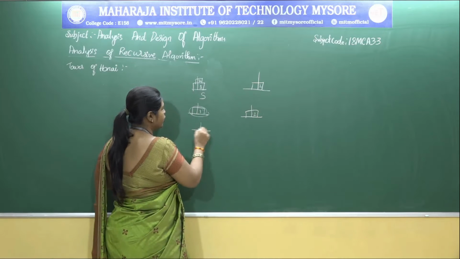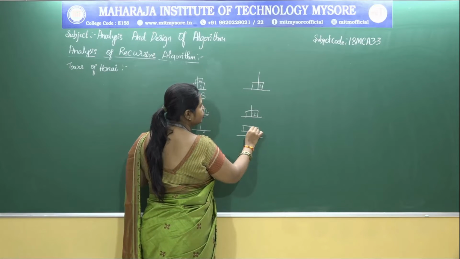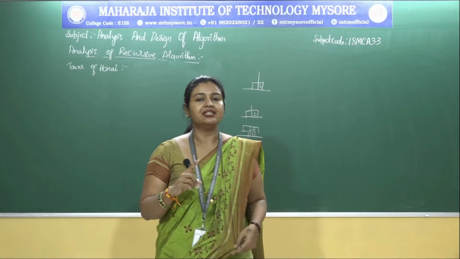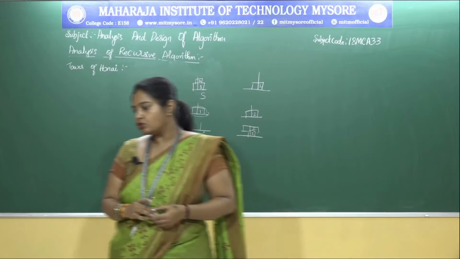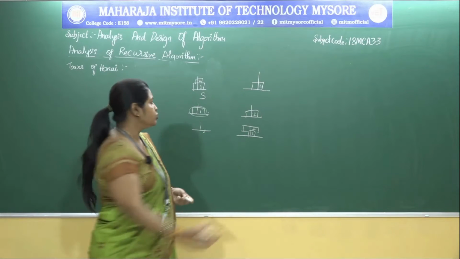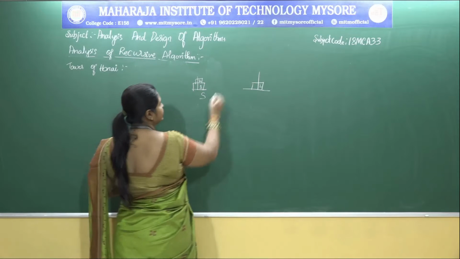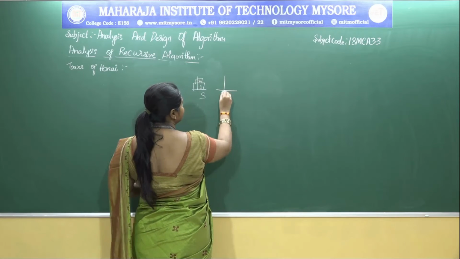So if I want to place it, this is 2, and on top of this 2 we are going to place 1. But this is wrong according to the Tower of Hanoi constraints. So what do we need to do? We need to take one more needle, which we call the temporary needle.